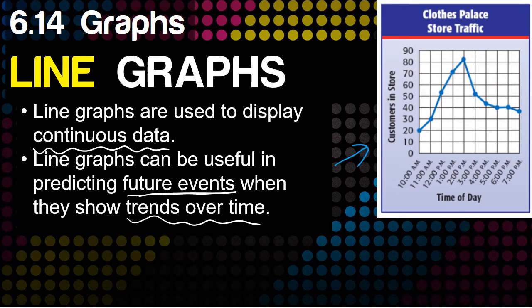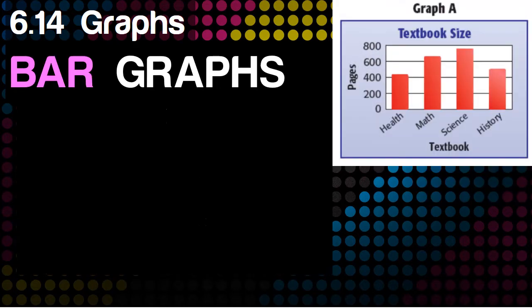We notice that you have time of day listed, so you have all the different intervals broken up in hours. So that's going horizontal. Vertical is customers in the store. So they're figuring out how many customers show up to their store at different times to maybe predict when they should be closing or when they should have different sales.